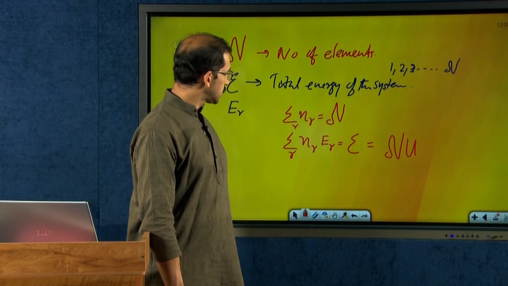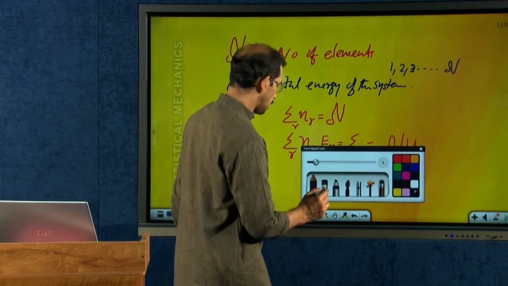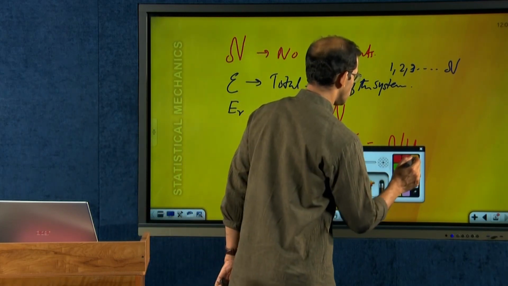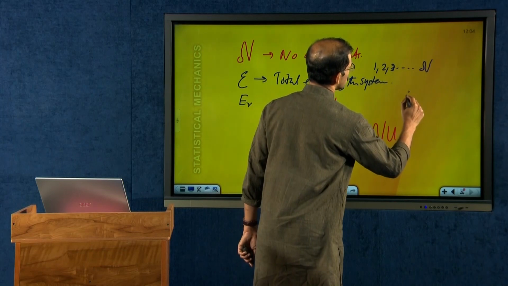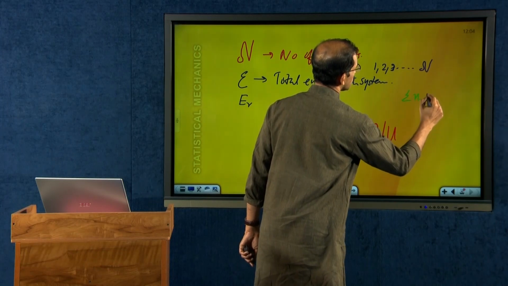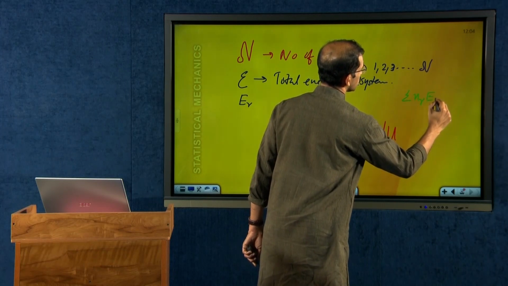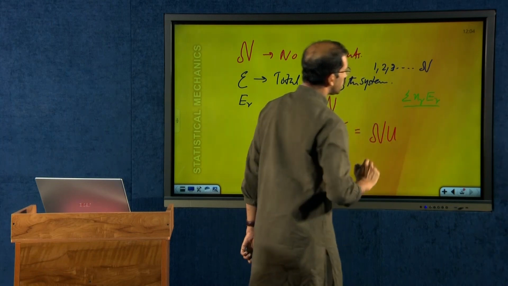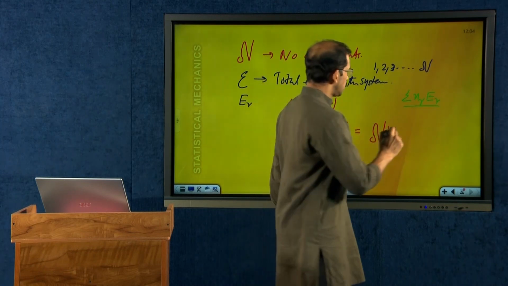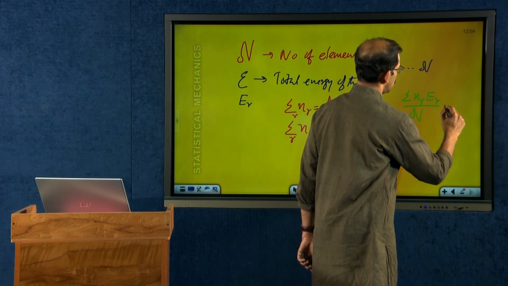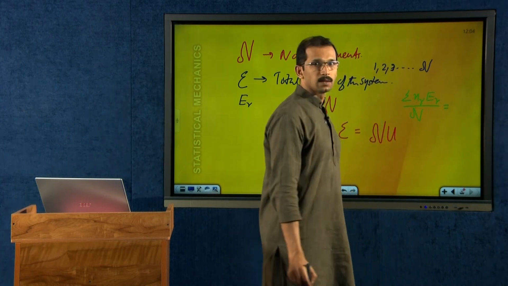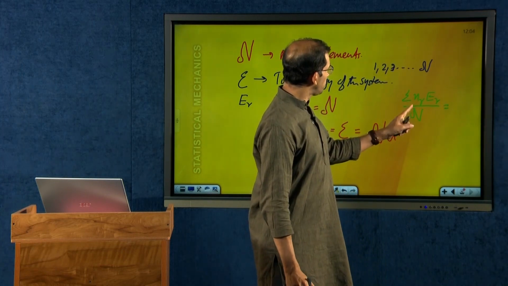Therefore, based on this expression, I can write U as sum over N_R E_R divided by script N, which can be written as sum over P_R E_R.